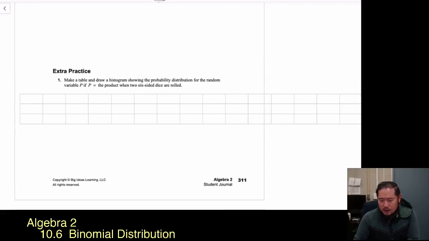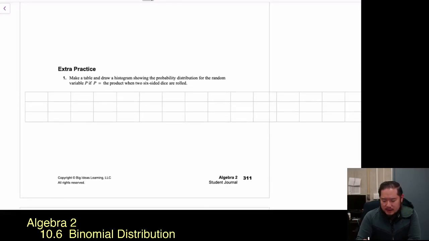Okay, so what I'm going to start with right here, I've got 19 columns, 3 rows. And in this first row, we're going to talk about the probability of each product. So I'm going to go ahead and put P, and then that is the little bar, and product.